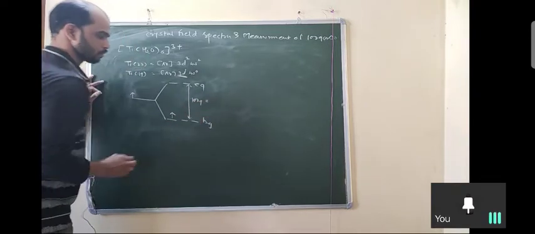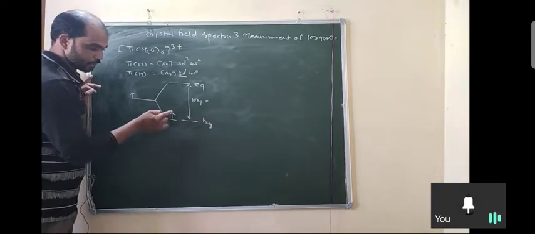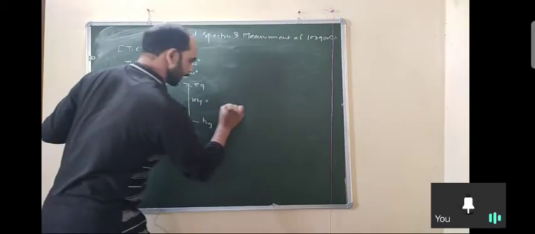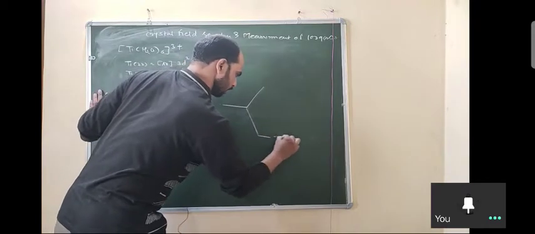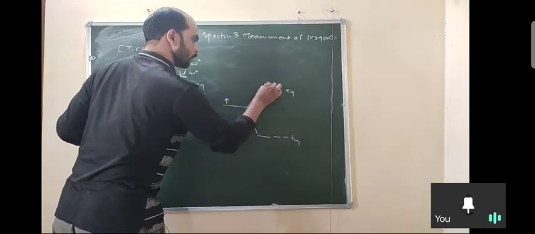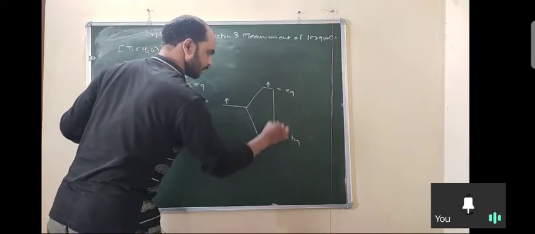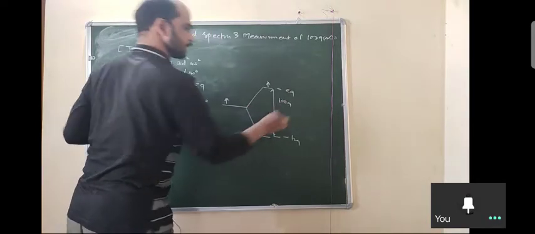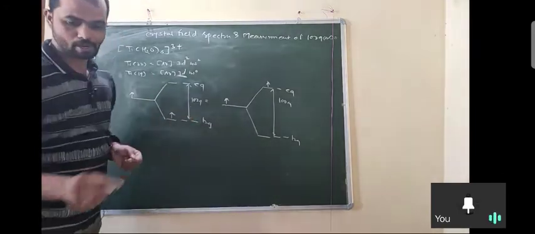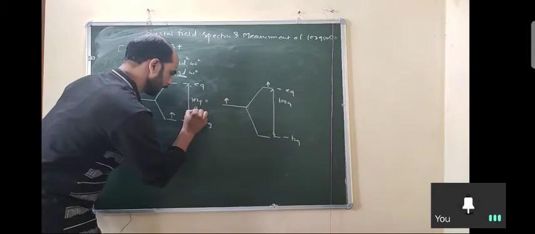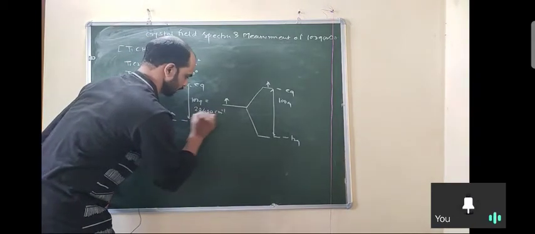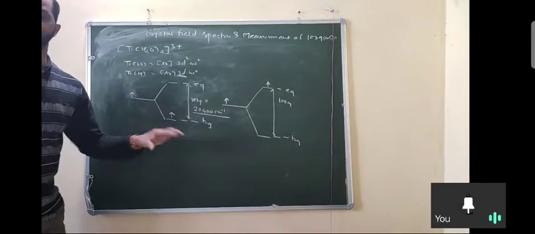So when this electron is promoted from t2g to eg in the next set, the energy required to promote it is again the 10 Dq value. The absorption frequency is given to you: 20,400 per centimeter.